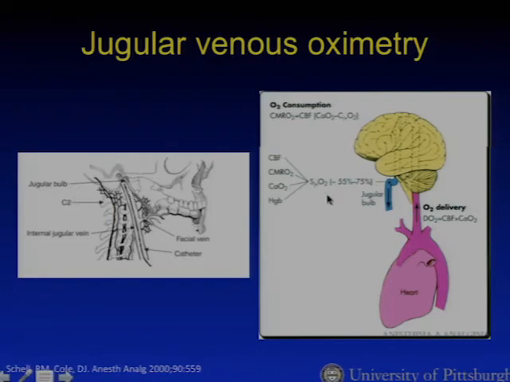This jugular saturation reflects the adequacy of cerebral blood flow, at least to that hemisphere probably, or the balance between brain oxygen supply and demand. So it's affected by factors such as cerebral blood flow, metabolic rate for oxygen, and arterial oxygen content.